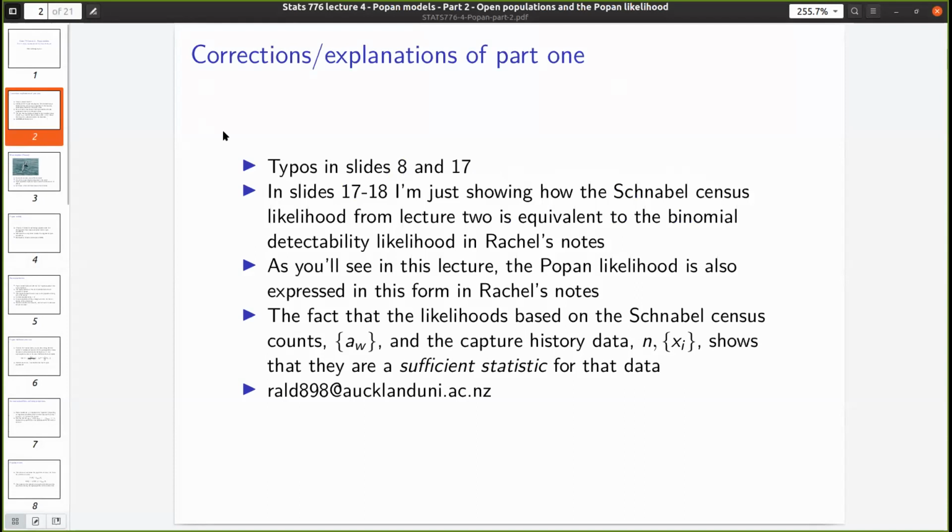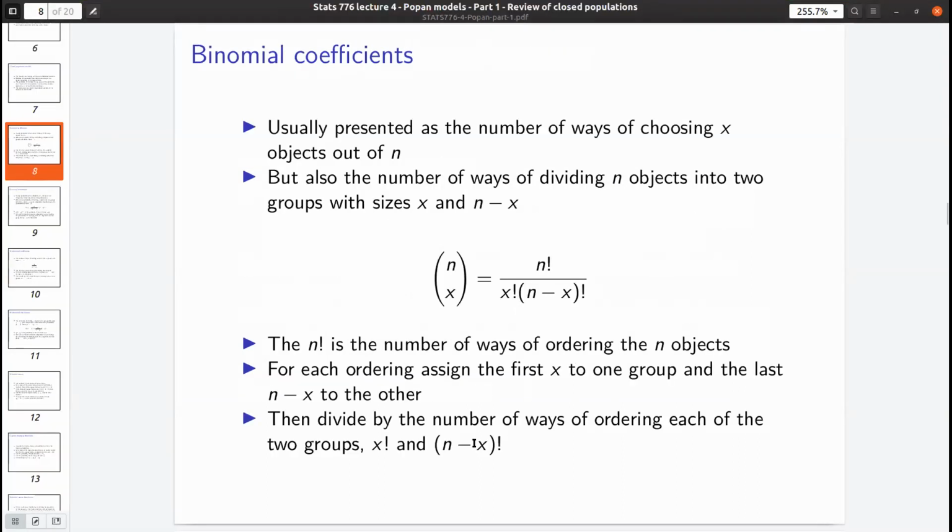So before I get into the slides for the second part, there are some corrections for the first part. There were a couple of typos in the slides. I had a typo here with n minus x factorial instead of the factorial of the whole thing.